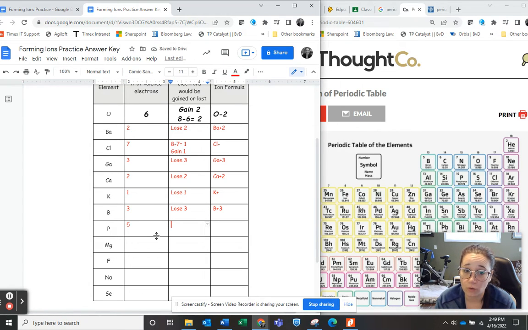Now, because we're over 3, we're going to subtract. So I'm going to do 8 minus 5 equals 3. And in this case, we're going to gain 3. So we're going to have P minus 3 because we have a charge of minus 3. We have 3 extra electrons now to fill out our shell.